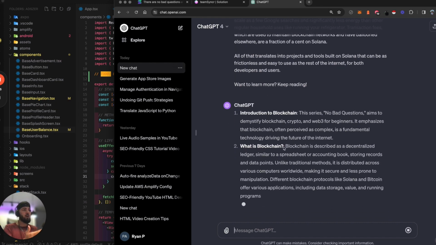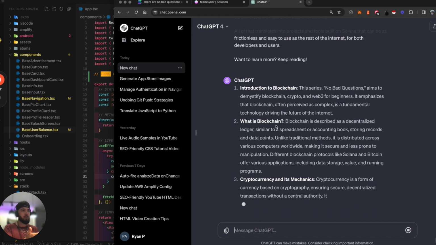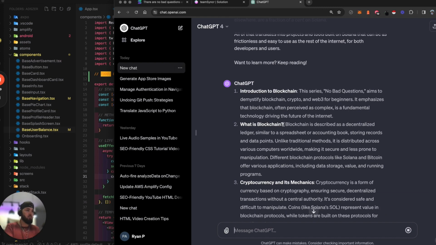Okay. So right here we have the first meat and potatoes question we want answered. What is the blockchain? Blockchain is described as a decentralized ledger. Think of a history, like a Google tab where it tells you your history. That's all a ledger is, just writing down what happened. Similar to a spreadsheet or an accounting book, storing records and data points.